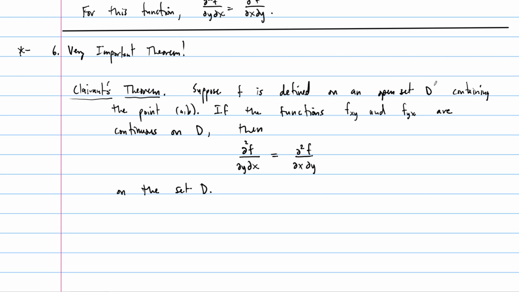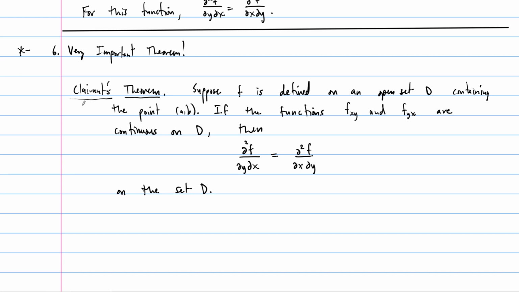We call this a neighborhood, an open set containing the point, right? So if they're equal at the point, that's not enough. They have to be equal at the point, and they have to be continuous on an open set, and the continuity will take care of the rest. But if they're continuous on an open set that contains the point that we're worried about, then those partial derivative formulas will be equal on the entire set D.